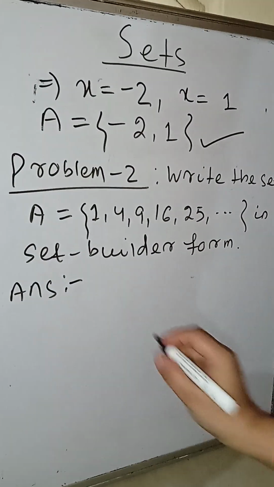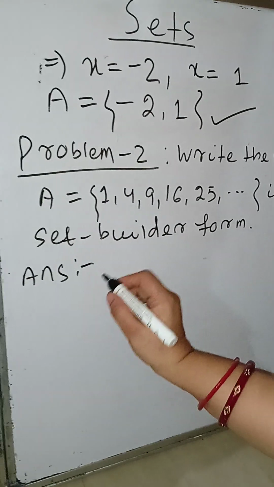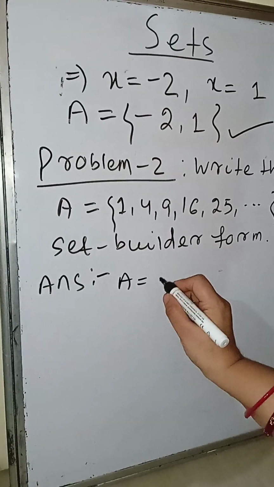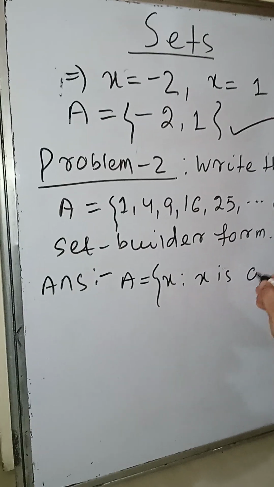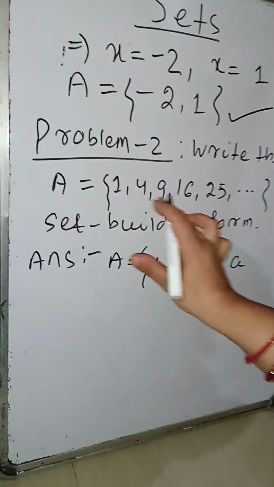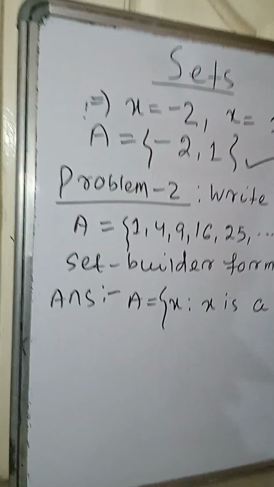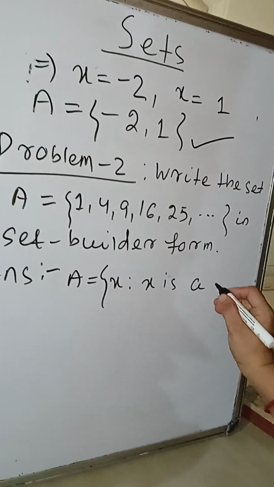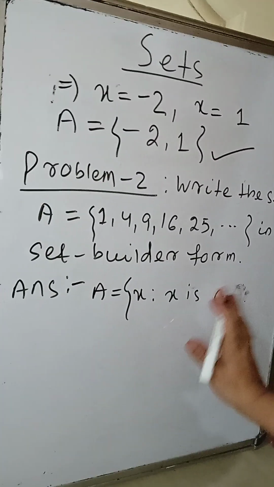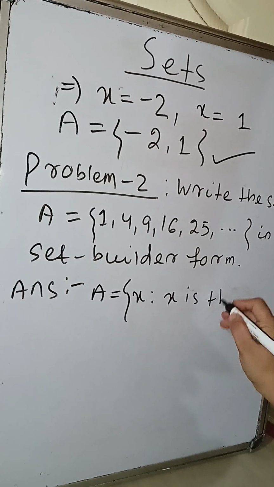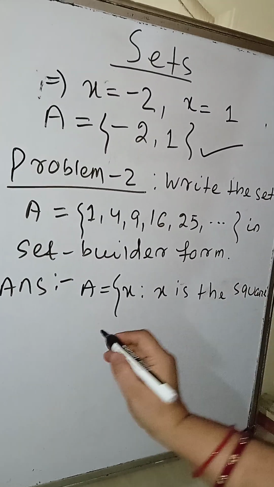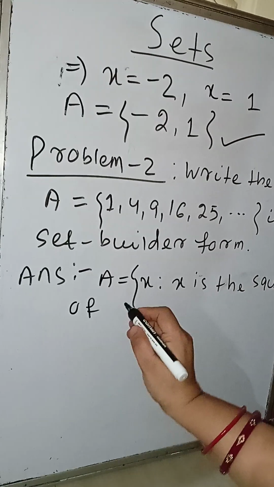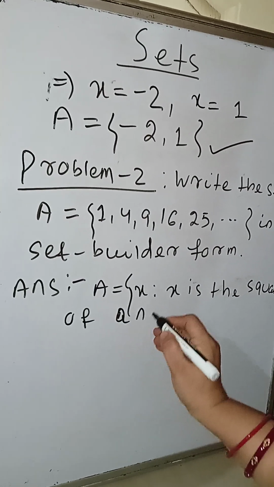So we can write the answer: A equal to x such that x is the square of a natural number.